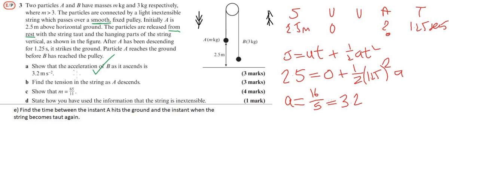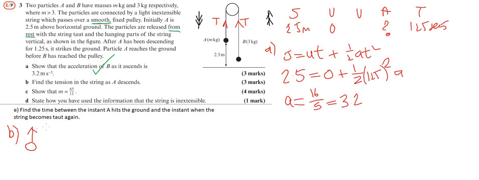Okay, right, let's move on to B. Find the tension in the string as A descends. Well again, we know that it's a light inextensible string, so the tension for A will be equal to the tension in B. We know the mass for B, so let's start with B. I'm going to draw B. B is my particle.